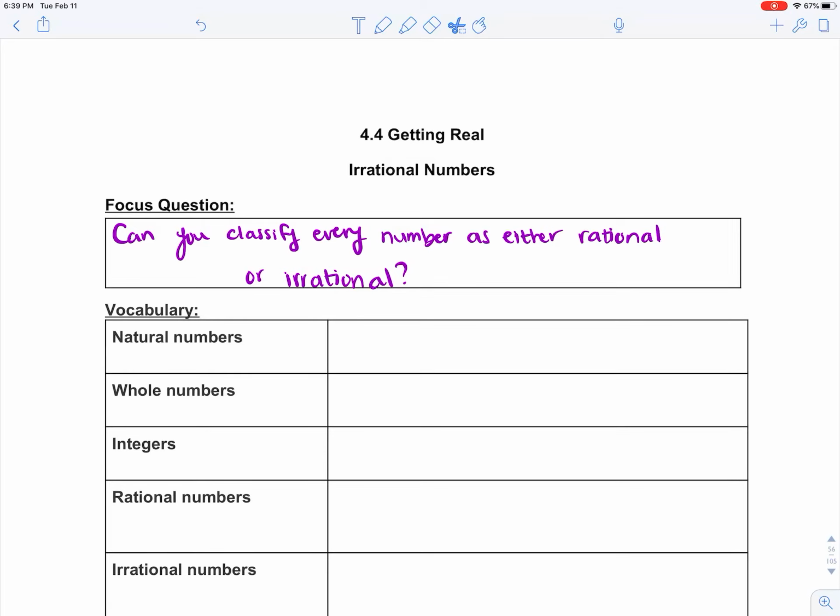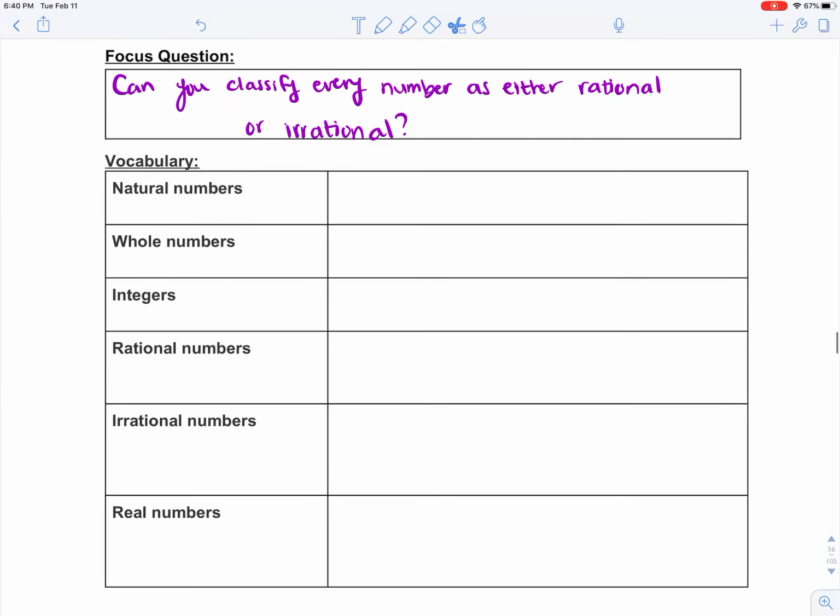Before we get into classifying them, it's important that we redefine all the other different types of numbers that are available to us. In terms of classifying numbers, in other words, giving numbers names, that's what our vocabulary here is about.